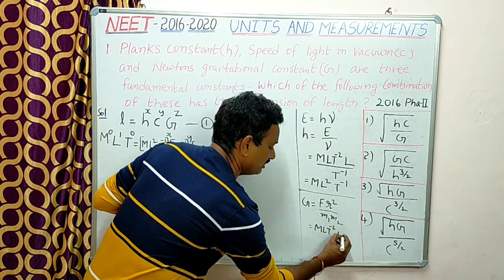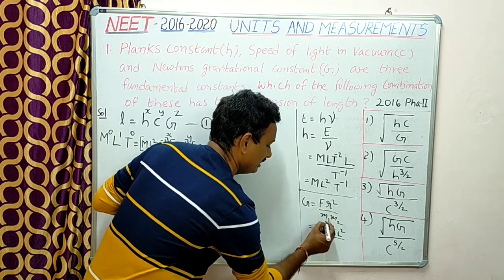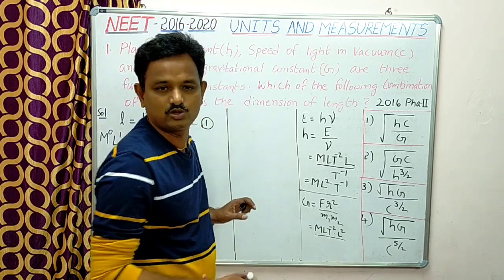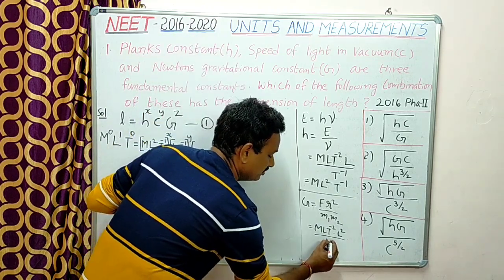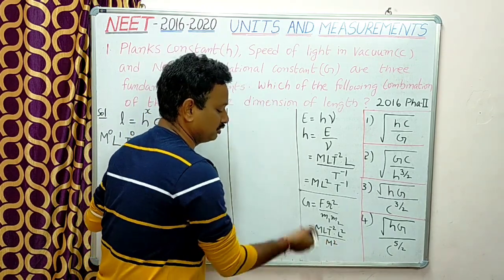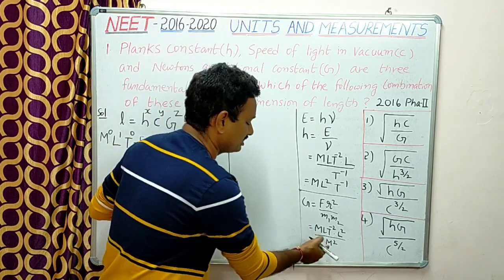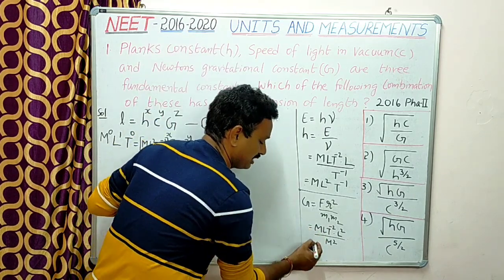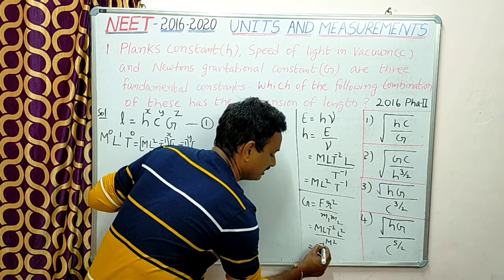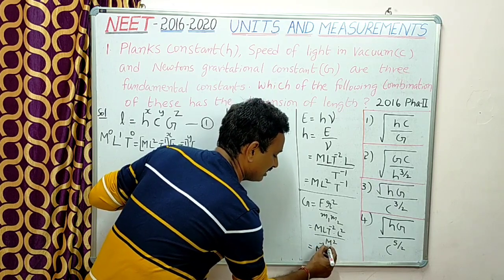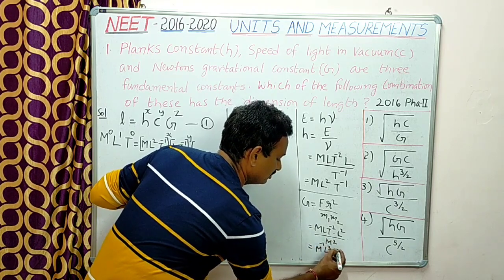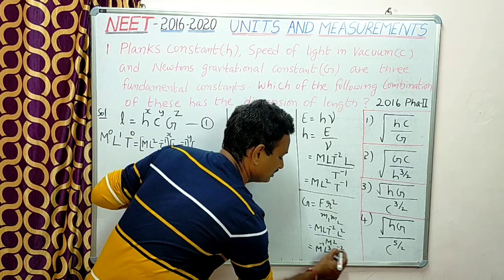For r square, L square, and m1 m2 means masses, so I can write m square here. If I move m square to the numerator, m power minus 2, and m power minus 2 into m means m power minus 1, L into L square is L cube, into t power minus 2.